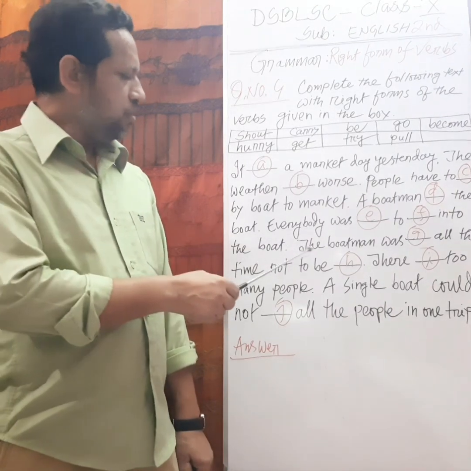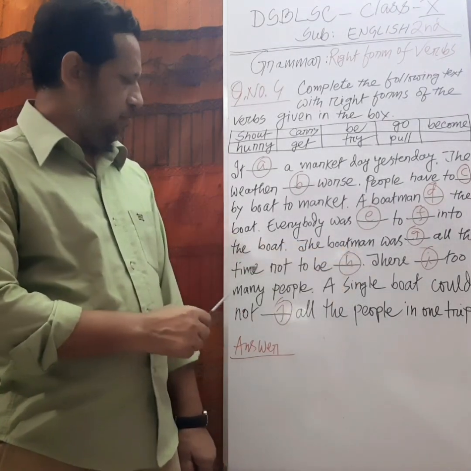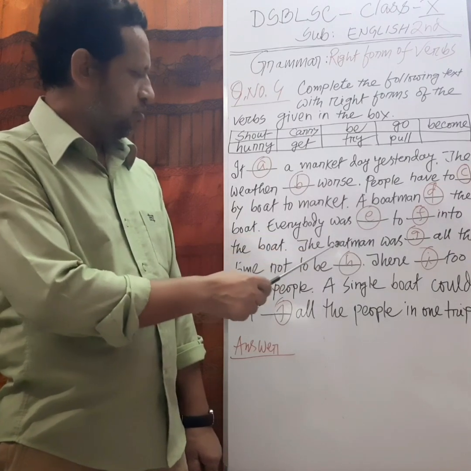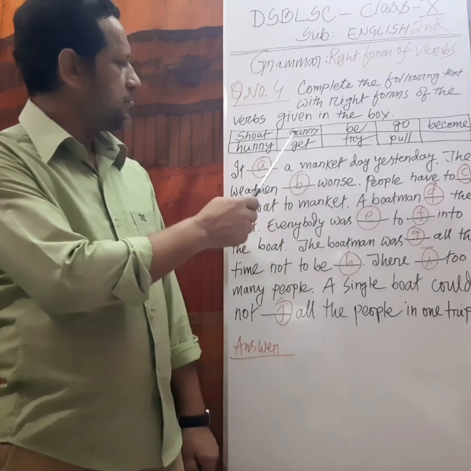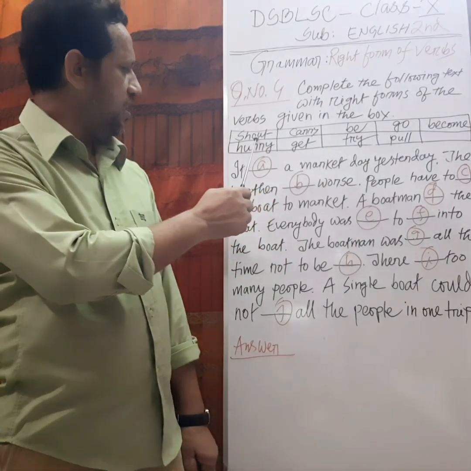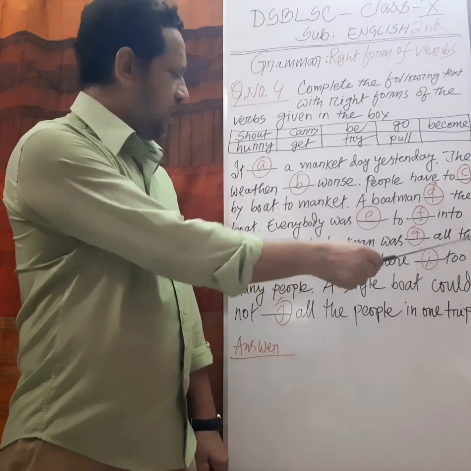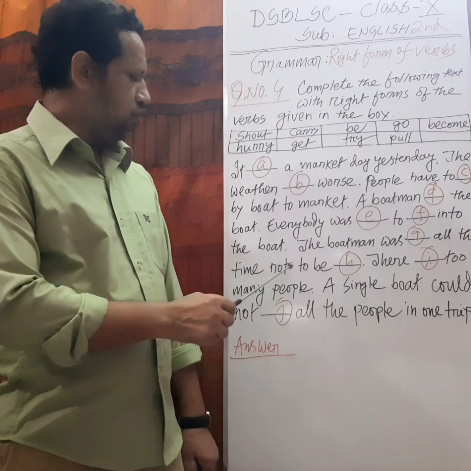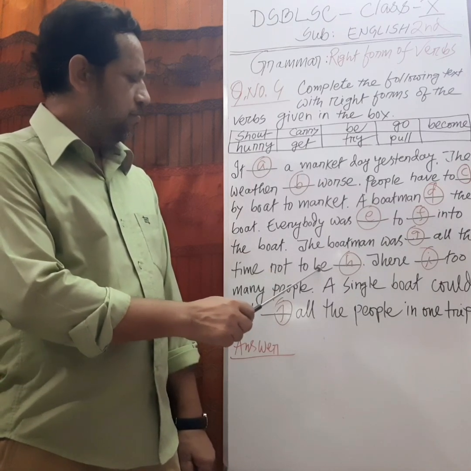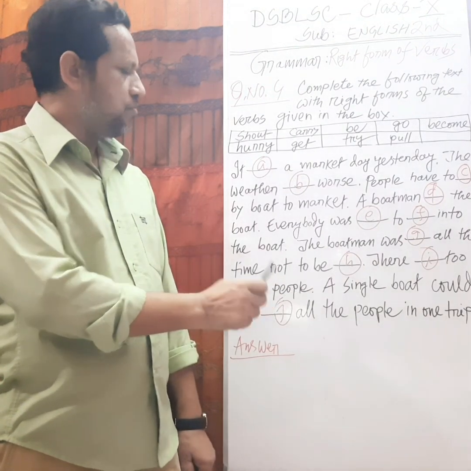The boatman was gap all the time not to be gap. So the boatman was shouting. The boatman was shouting all the time not to be hurried. This is a form of passive voice. That's why the verb should be V3 form.